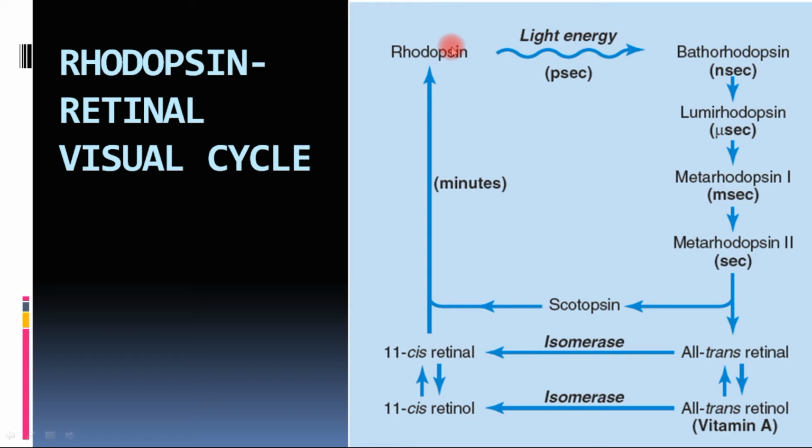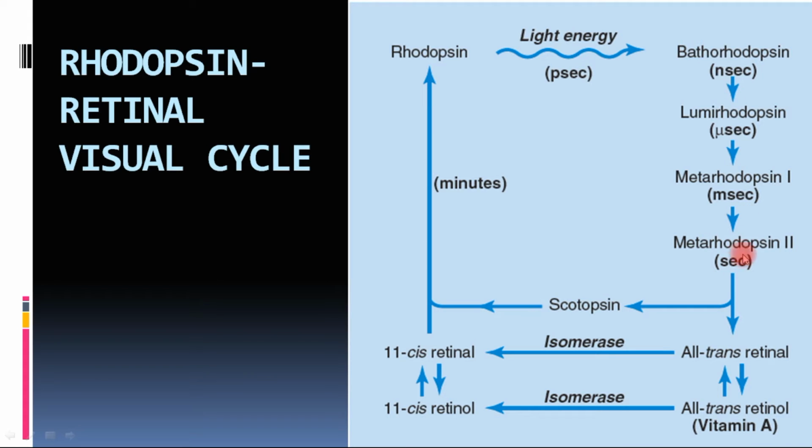But when light energy converts 11-cis retinal into all-trans retinal, its conformation does not fit the scotopsin, and thus they split up.